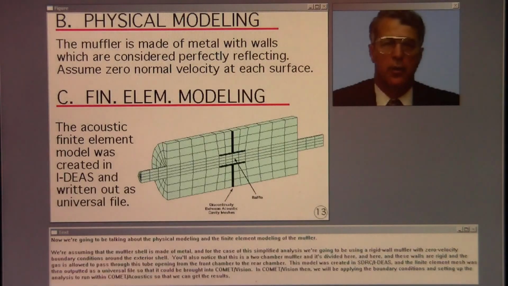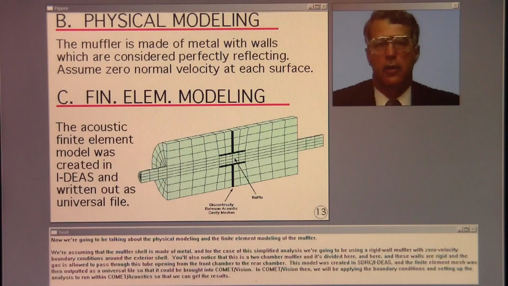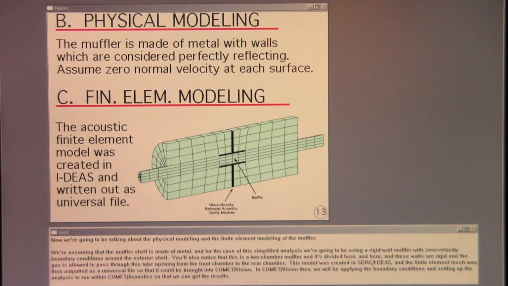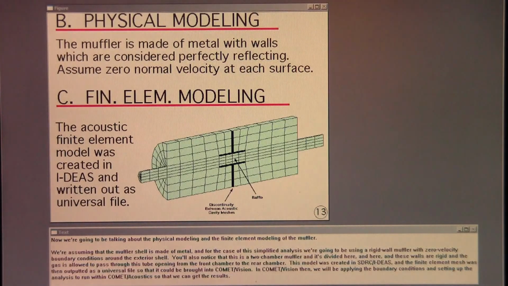Now we're going to be talking about the physical modeling and the finite element modeling of the muffler. We're assuming that the muffler shell is made of metal, and for the case of this simplified analysis, we're going to be using a rigid wall muffler with zero velocity boundary conditions around the exterior shell.